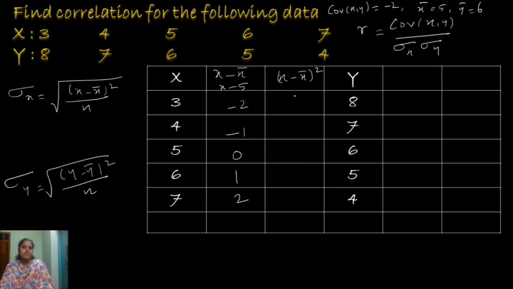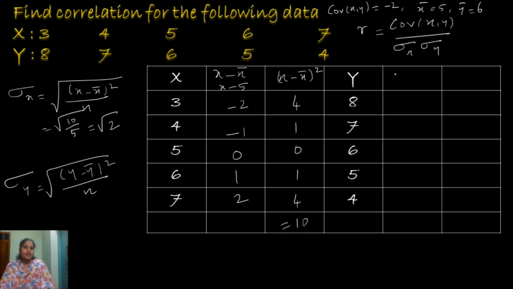When we square these values, here we get 4, 1, 0, 1, 4. And the total of all these values is 4 plus 1 plus 1 plus 4, that is 10. So that is equal to square root of 10 over total number of values here 5, that is square root of 2.